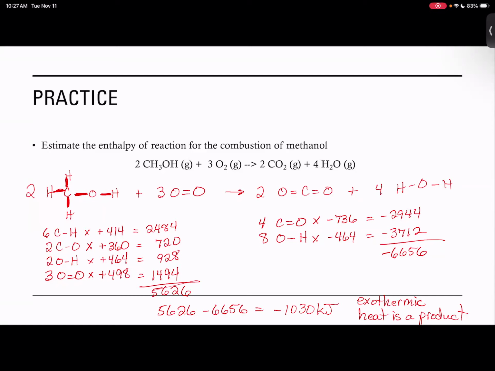We also talked about the fact that when you're given an energy or an enthalpy for a reaction, it is a stoichiometric value. Meaning that this negative 1030 is for 2 methanol reacting with 3 oxygens. It is a stoichiometric value.